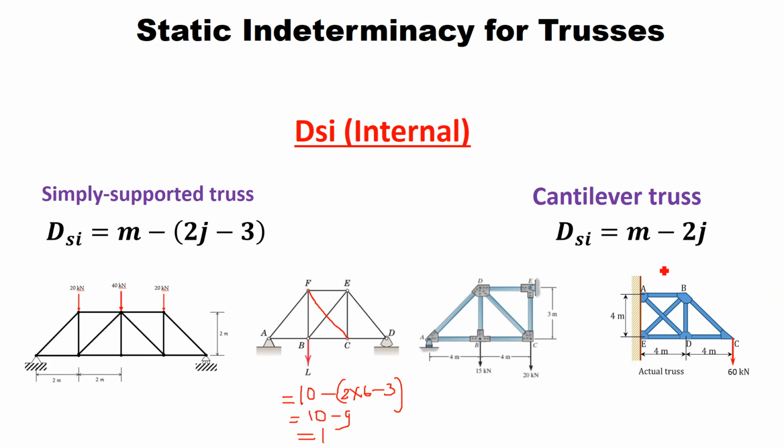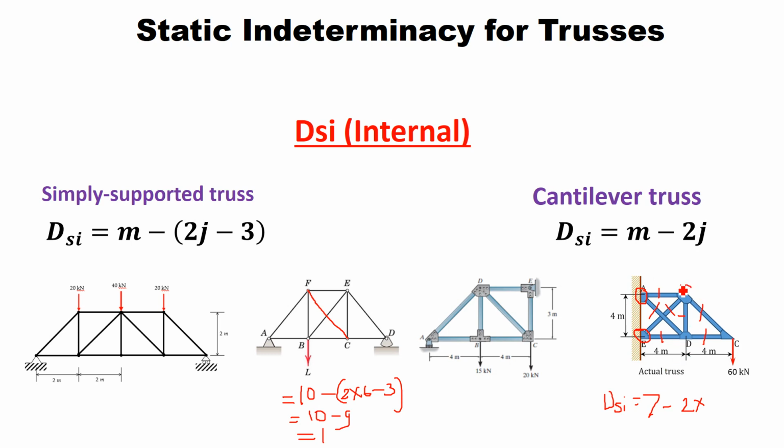Similarly, if you look at the last truss, the cantilever, DSI equals the number of members in the truss, which are 1, 2, 3, 4, 5, 6, 7. 7 members minus 2 into the number of joints. Now while calculating the joints, don't consider the joint on the fixed supports. Consider only the joints apart from the fixed support in the case of a cantilever truss.